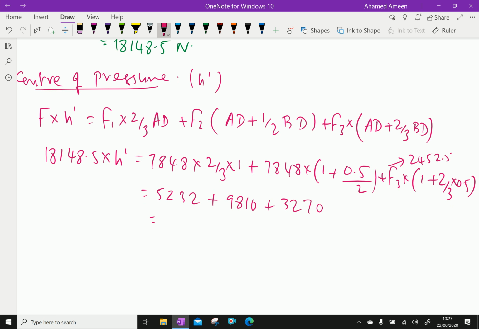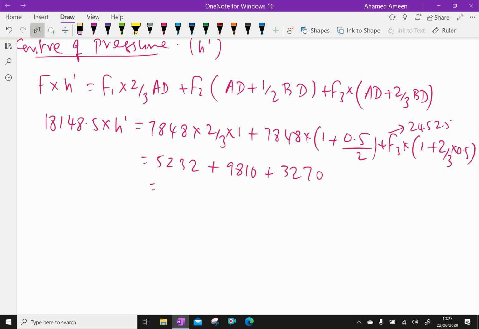This gives a total of 18312 Newton meter.